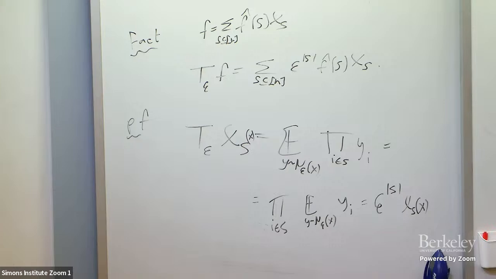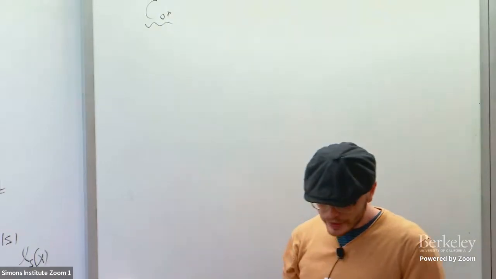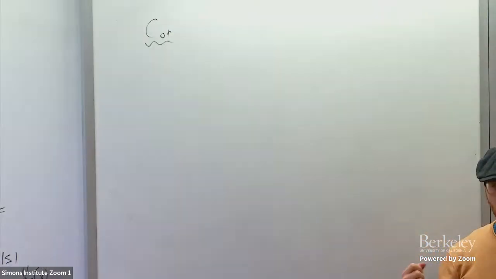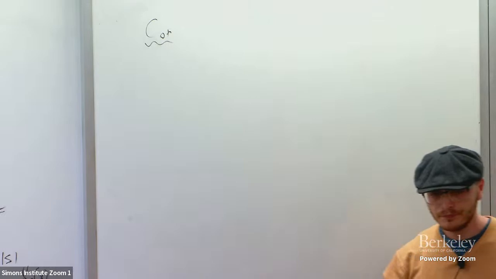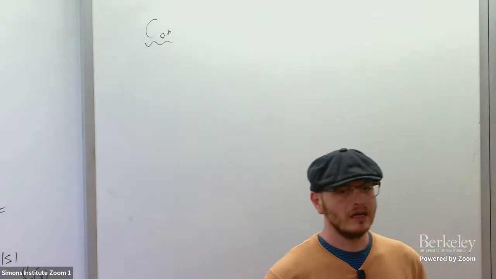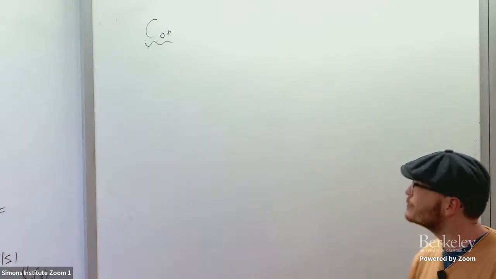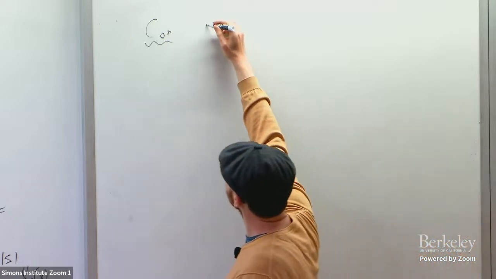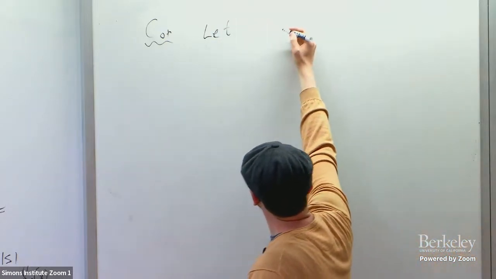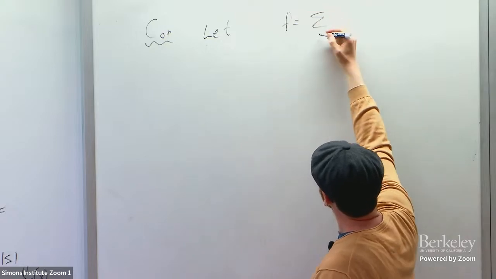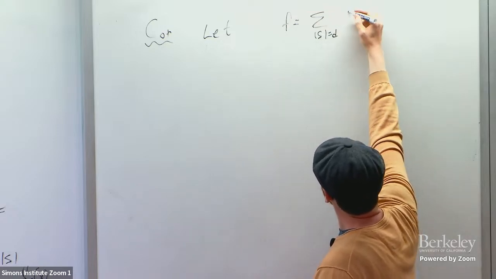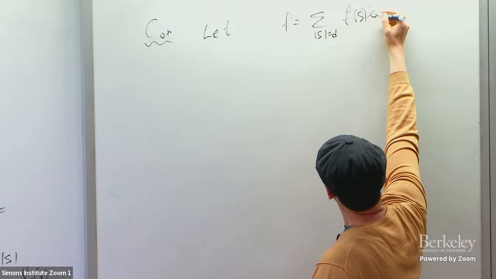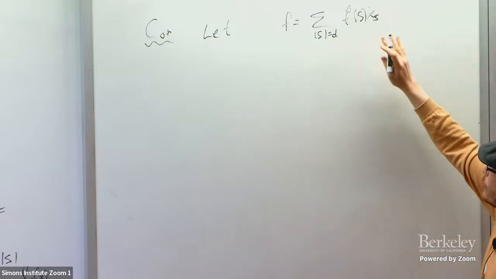Let's show the first corollary of that. The corollary is that if we have a low degree polynomial, then we can bound its q norms. Let's start with a polynomial that's homogeneous of degree d.